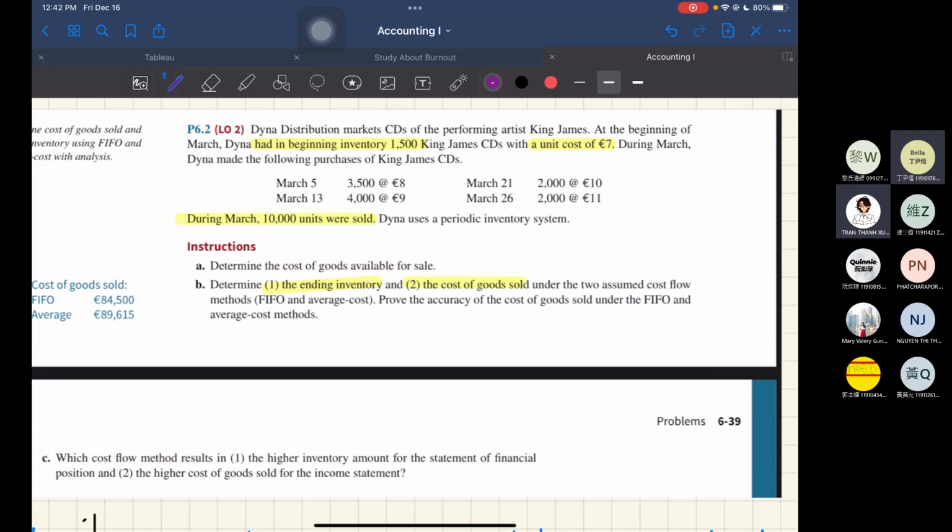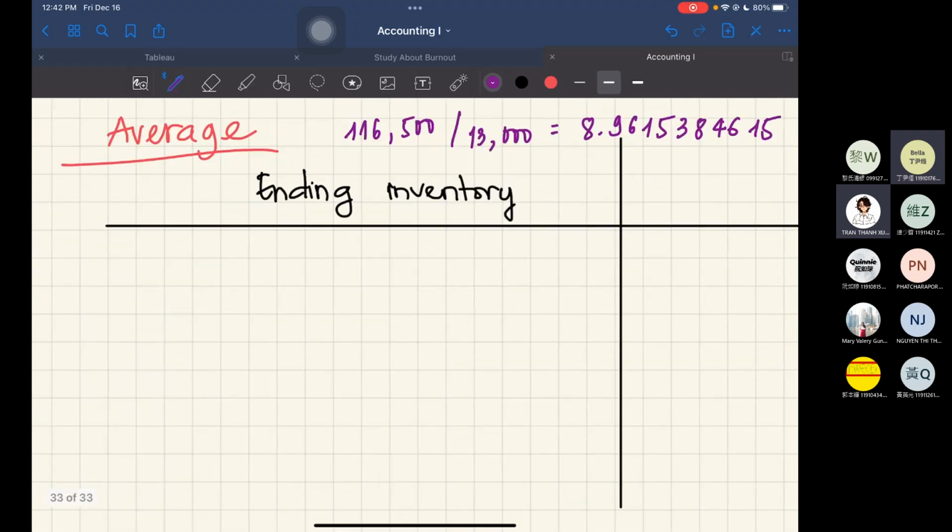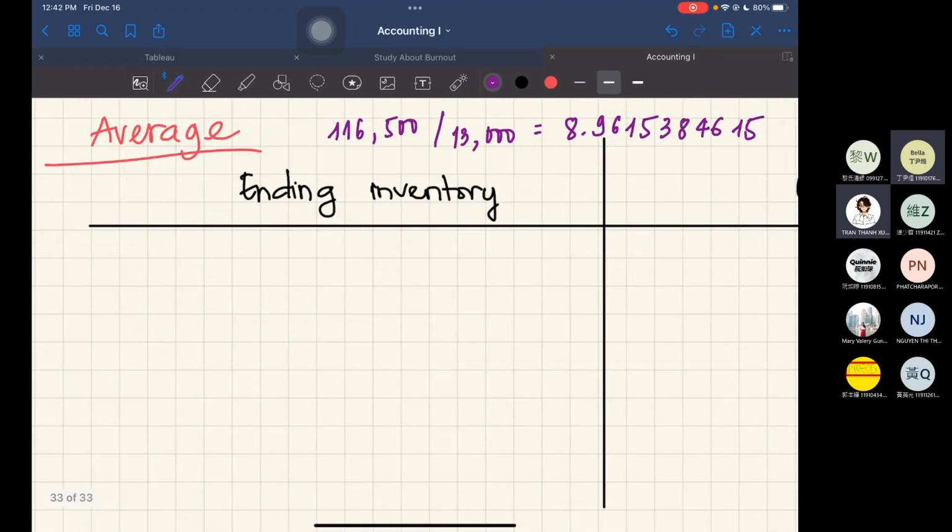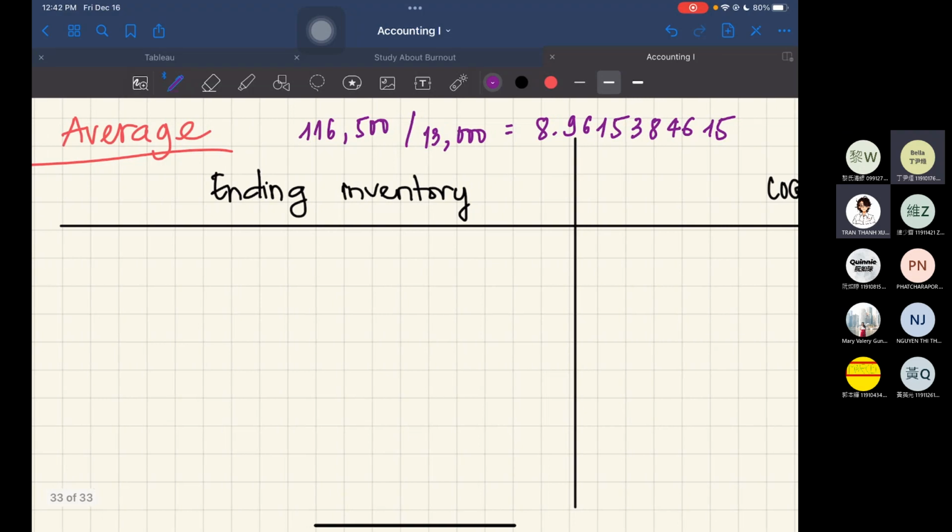They don't require us to round to a certain number of decimals, but let's decide. Normally, I will take up to 4 decimals.